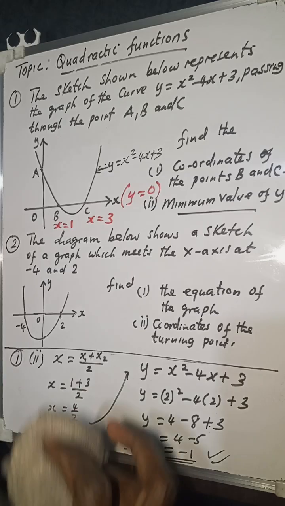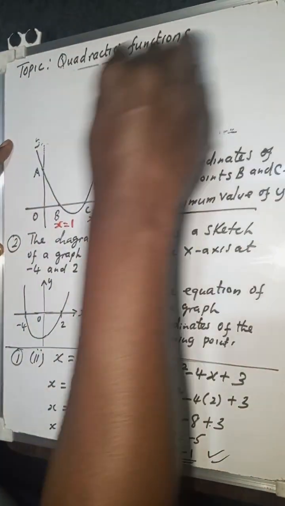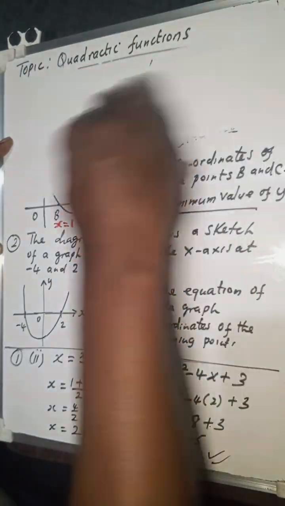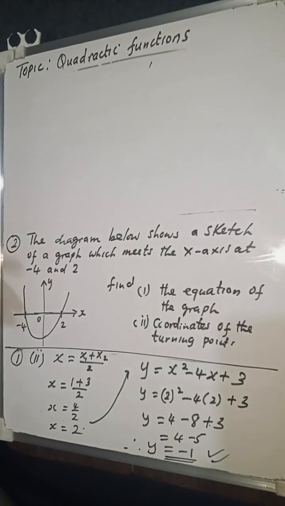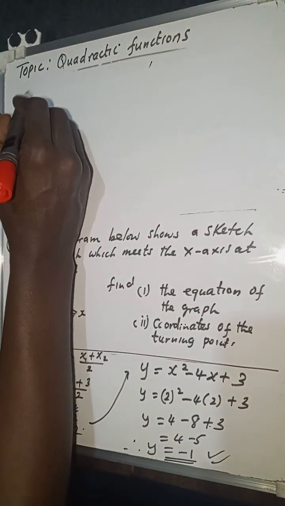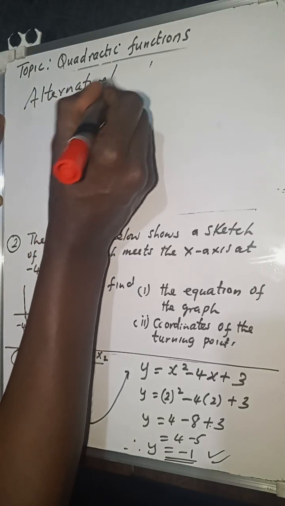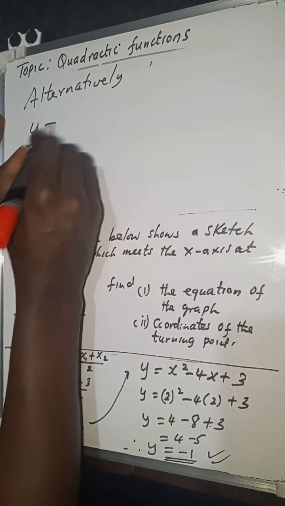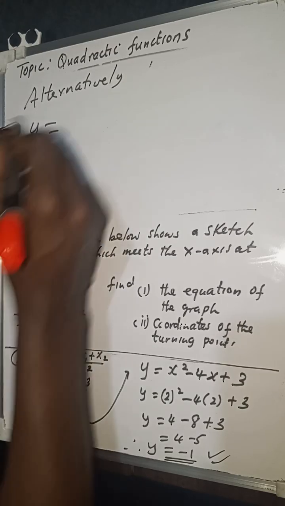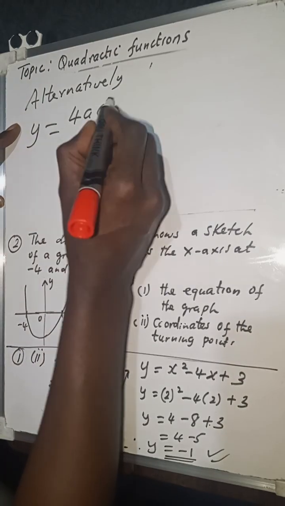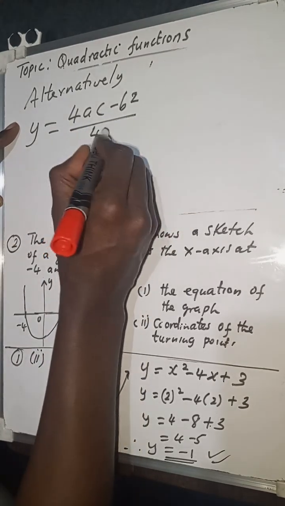Alternatively, I can also find that one. Just hold on so that you are able to see. Let me show you another alternative method that you could actually use to get the minimum value of y. So alternatively, remember we said the minimum value of y can also be 4ac minus b squared over 4a.